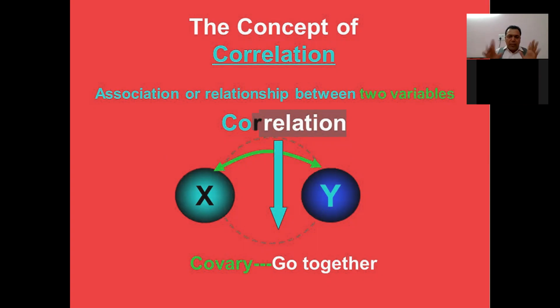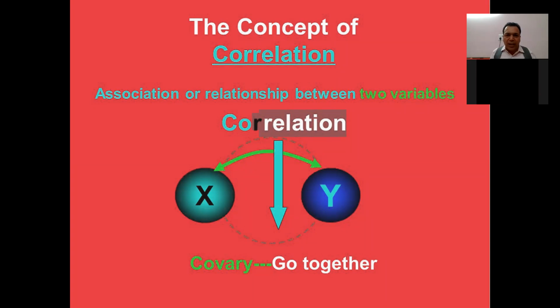So there are two variables in your study. One is intelligence and the second is academic achievement of the student, right? So you want to see whether intelligence impacts academic achievement of students or not.